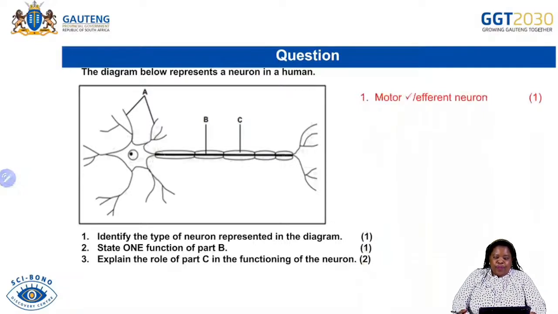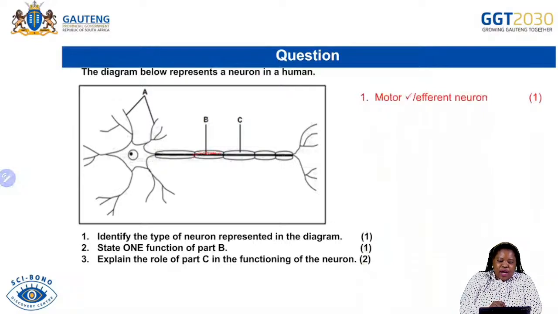Now, number 2, state one function of B. This is B here. We've spoken about the dendrites transmitting impulses to the cell body, and the axon carrying impulses away from the cell body.